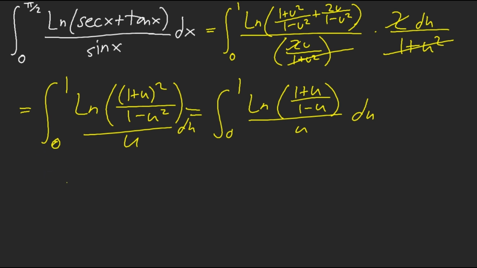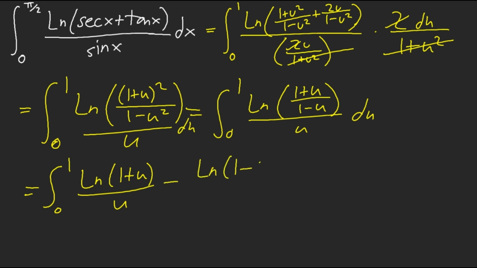Would you look at that? This is the integral from 0 to 1 of ln of 1 plus u over u, minus ln of 1 minus u over u du. Ah, who would have thought this becomes a Taylor series integral?